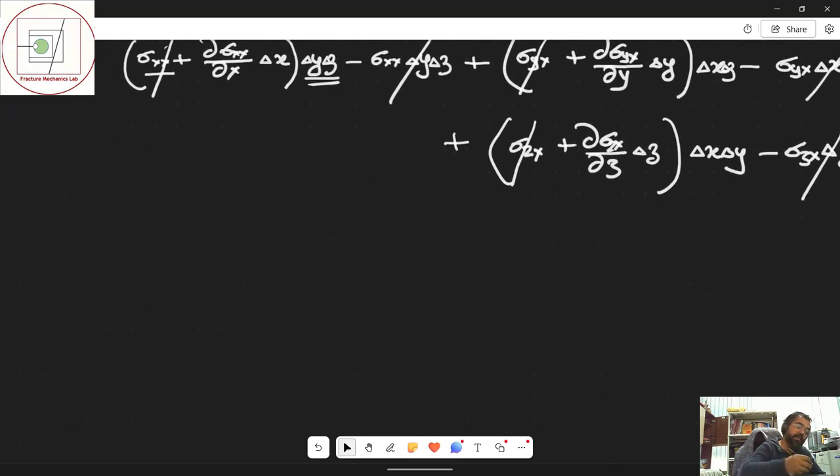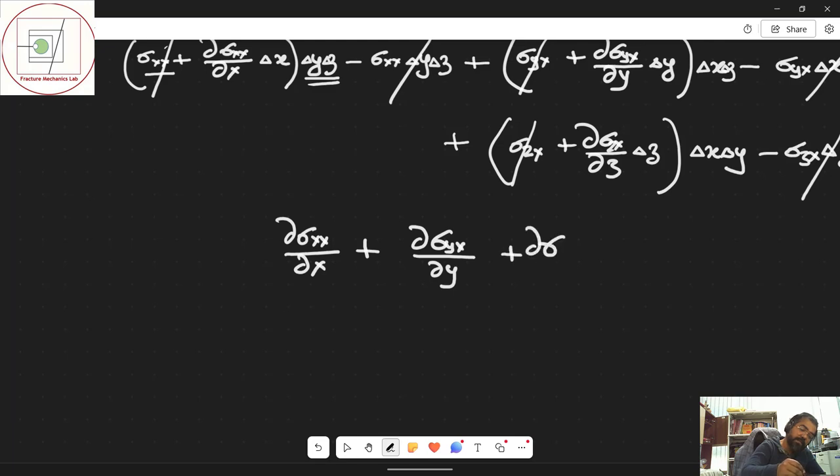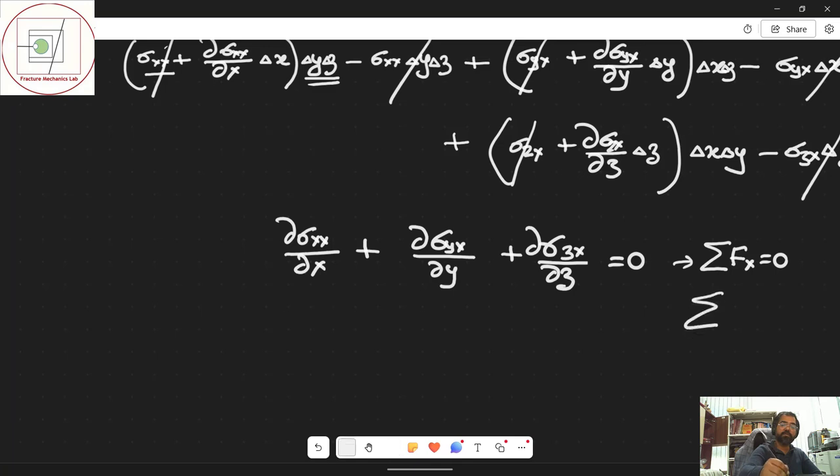So I will have del sigma xx by del x plus del sigma yx by del y plus del sigma zx by del z equal to 0. And this I am getting by doing summation of forces in x direction equals to 0. Similarly, I will do summation of forces in y direction equals to 0.